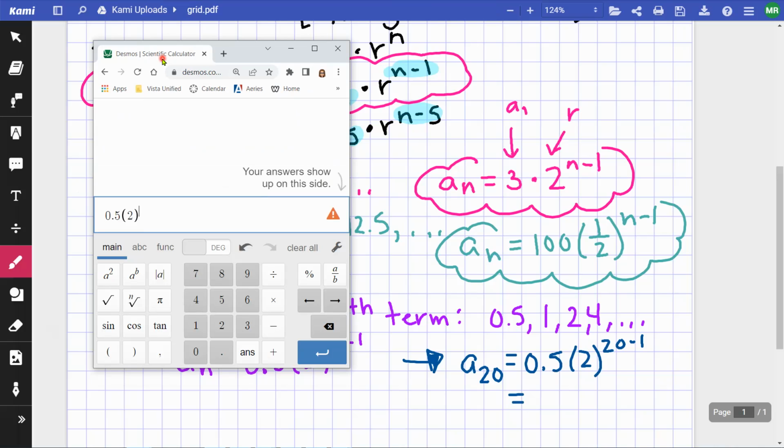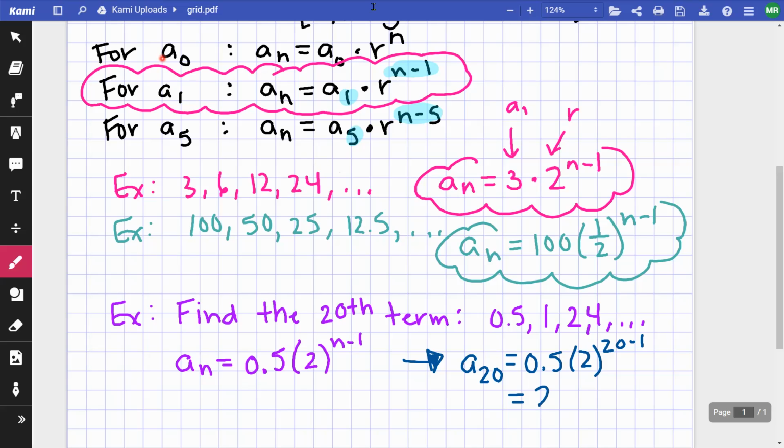If I want to do this on Desmos, I have to be careful, because if I type 20 and then minus 1, see how it drops. If I want to raise it to the quantity 20 minus 1, I need to put it in parentheses.